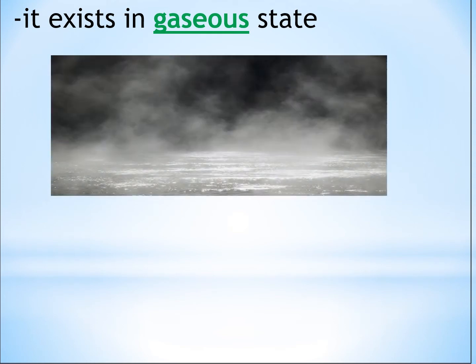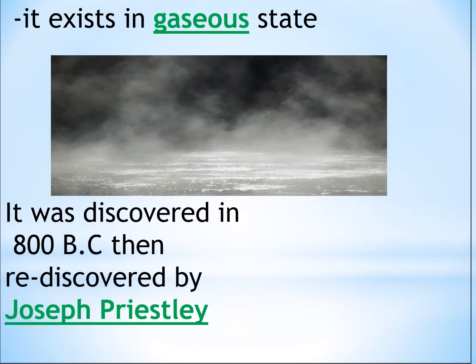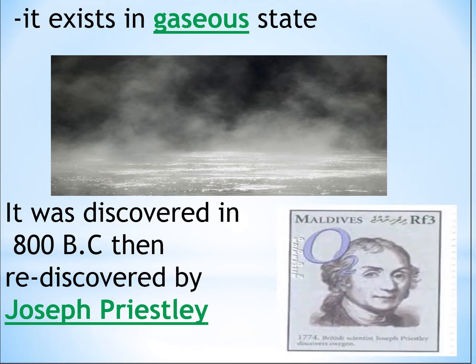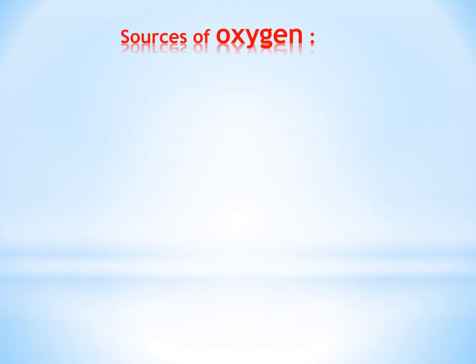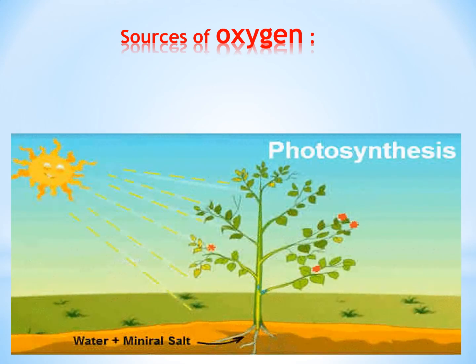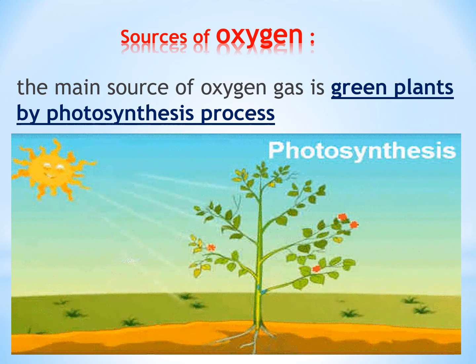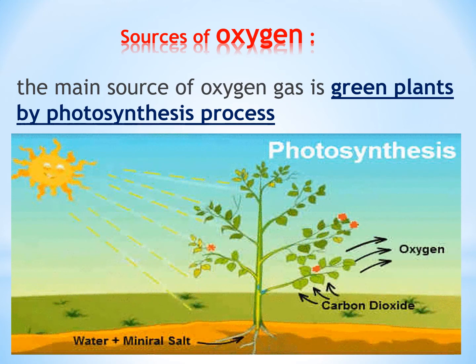Oxygen exists in gaseous state. It was discovered in 800 BC, then rediscovered by Joseph Priestley. Sources of oxygen gas. The main source of oxygen gas is green plants by photosynthesis process.